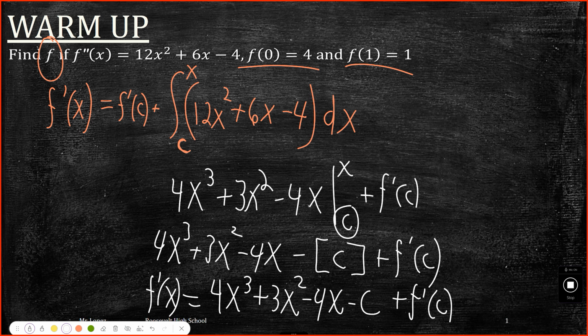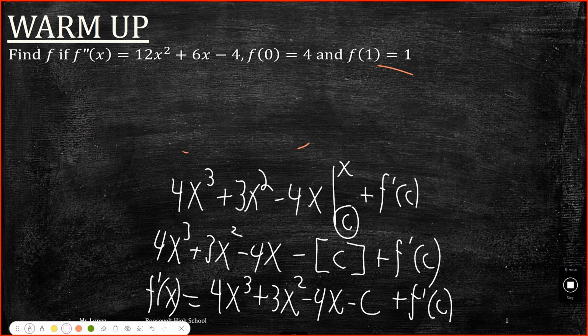And then we do it again. Let's see, we do it again. F of x is equal to, we got two of them. So at 0 is 4, we use this one. Oh no, let's use this 0.